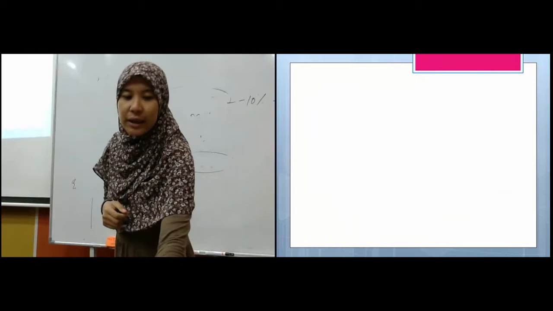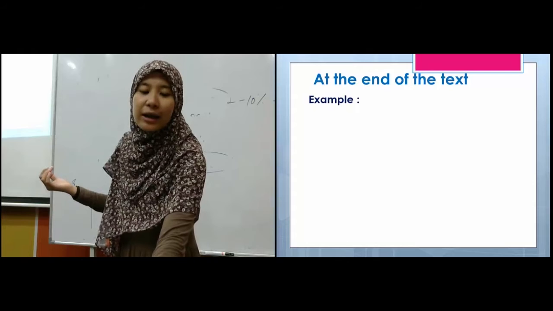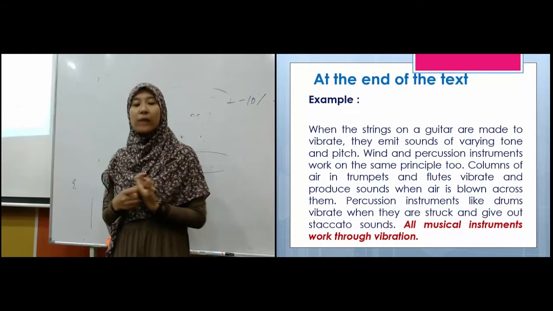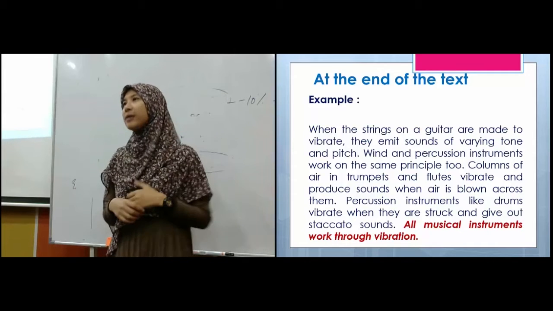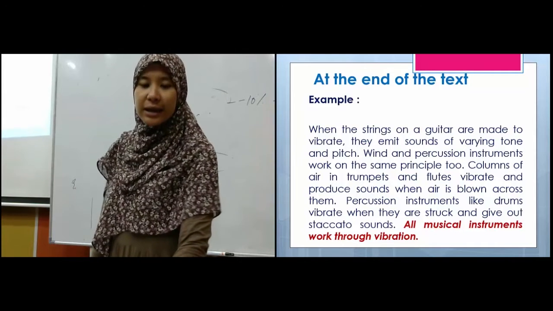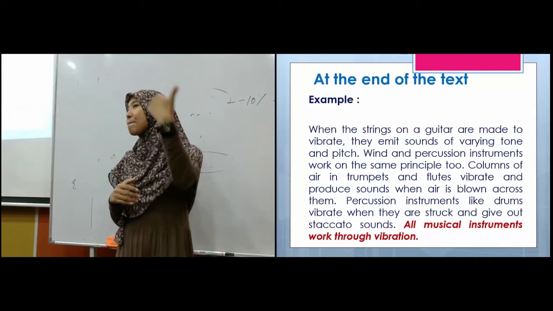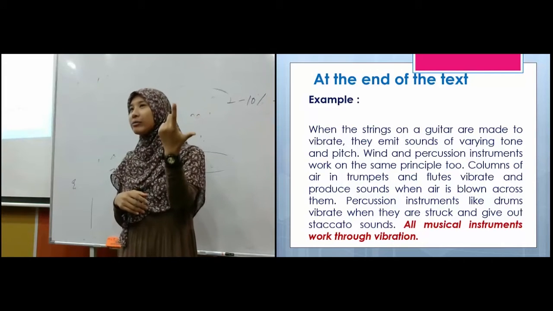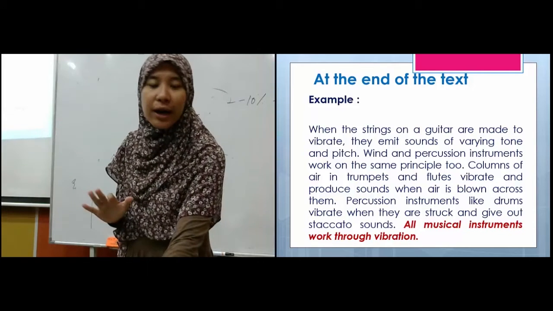So basically the writer explained everything, but actually the main idea that he or she is trying to say is just that all musical instruments work through vibration. But first he explained all the supporting details. So that is at the end of the text. So basically the main point can come at the beginning of the text, in the middle, or at the end. Very simple, right?